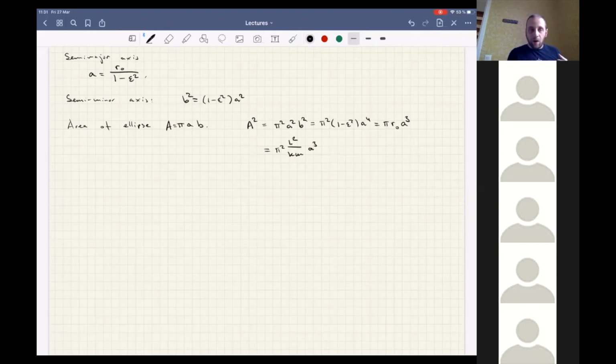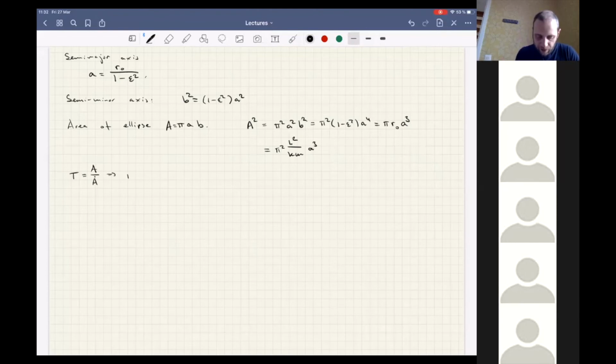And now I also know that since I sweep a fixed area per time, from just Kepler's second law, I know that T, which is A divided by A dot, is the orbital period, because if I take the area and divide it by how much area you sweep per time, you get the period.